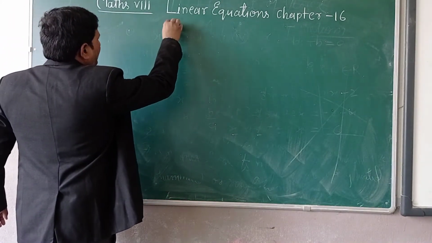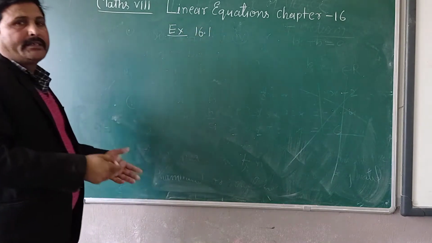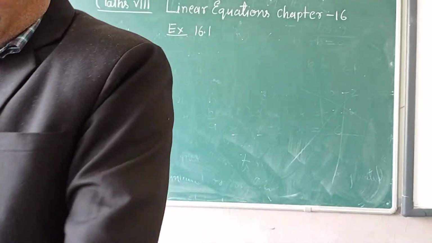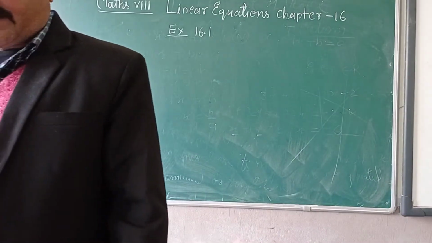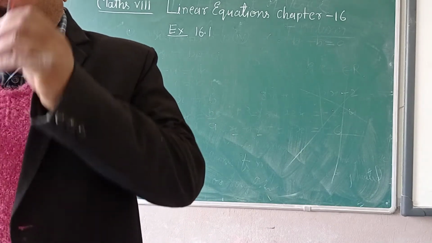Exercise 16.1, questions are given. A statement is given, you have to make the equation. See the first question: the sum of a number x and 15 is 29.